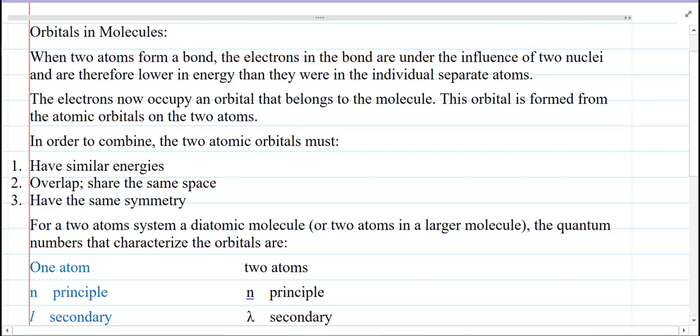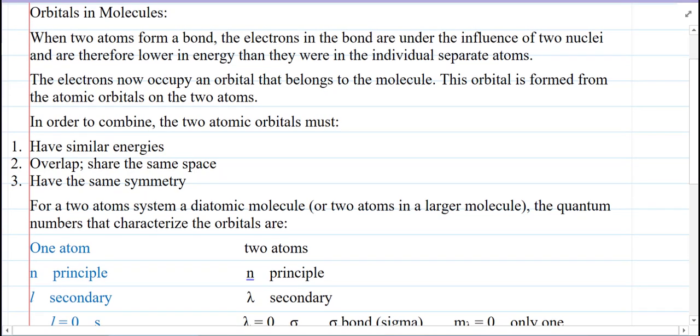And so they have to overlap in space, have similar energies, and have the same symmetry. So let's just talk about a simple diatomic molecule like H2. All right, there are two atoms in a larger molecule as well, but let's just focus on two atoms, H2, N2, O2, it doesn't matter.